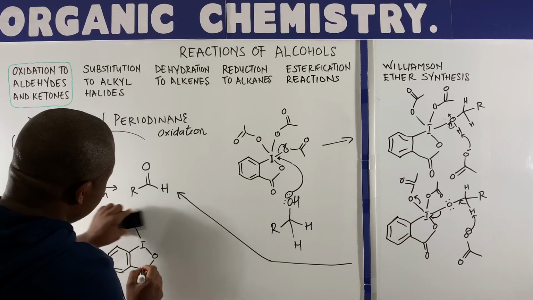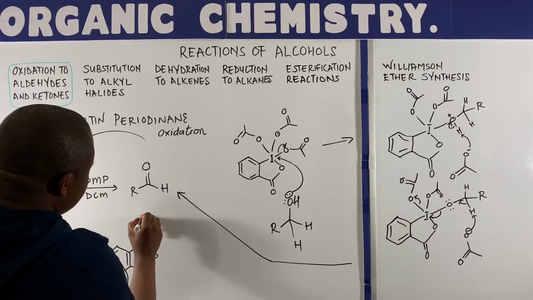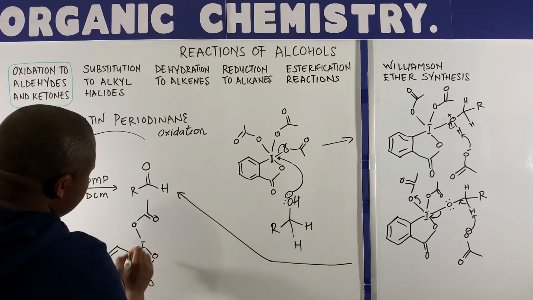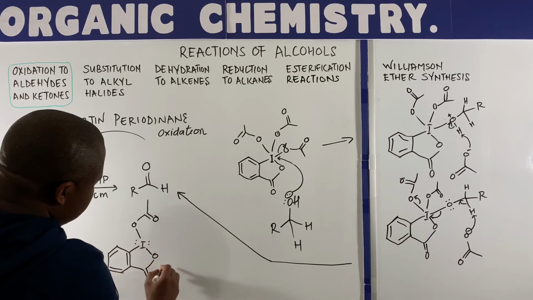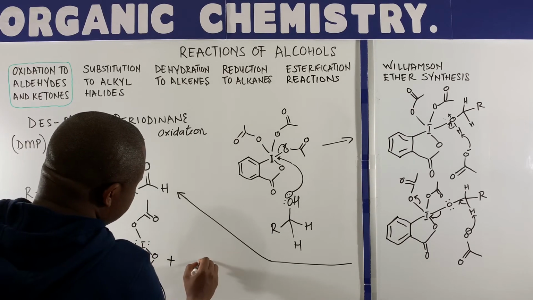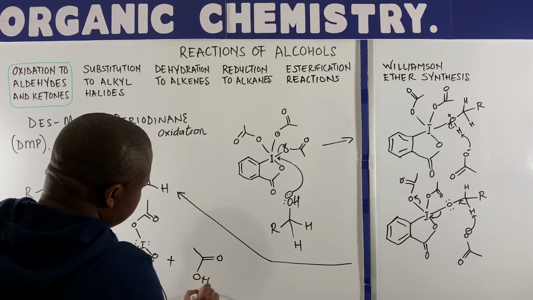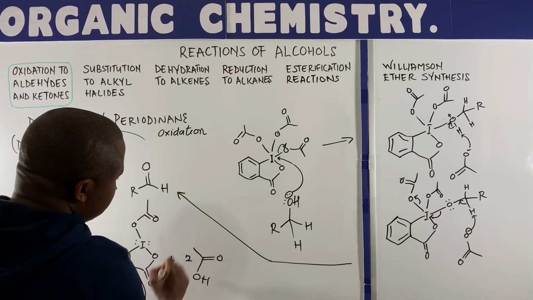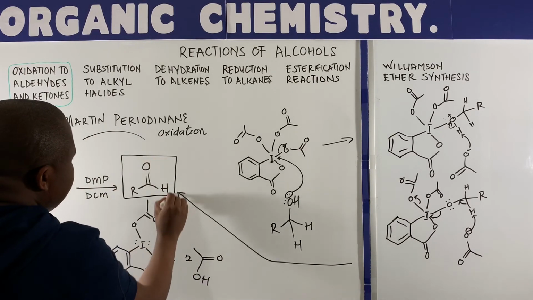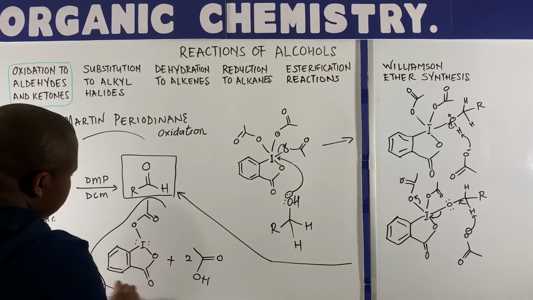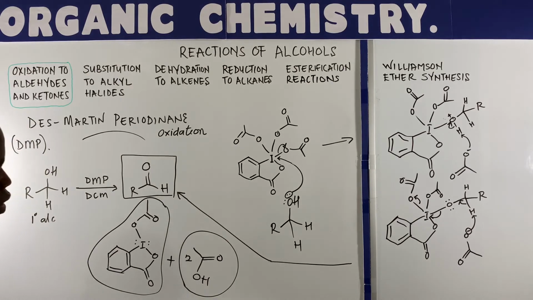Plus we're going to have acetic acid as another byproduct. Actually, two molecules of this will be formed. So we have our main product, the aldehyde, the iodine byproduct, and this other byproduct, acetic acid.